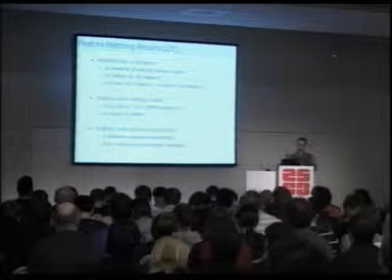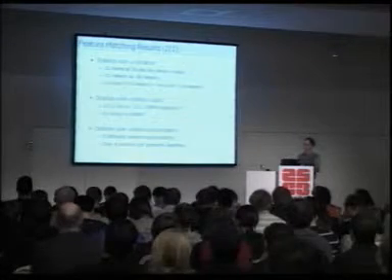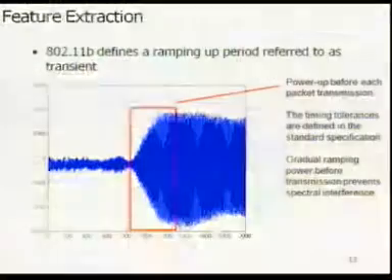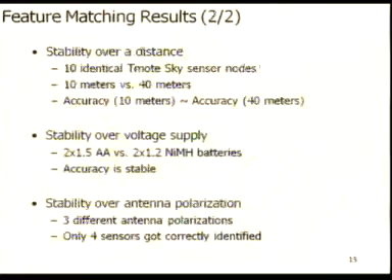So if someone is changing the antenna polarization of the device, this has an implication on this shape change here, and then our features were not good enough to say, oh, this is device 1 or device 2.